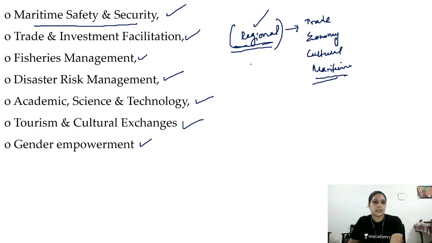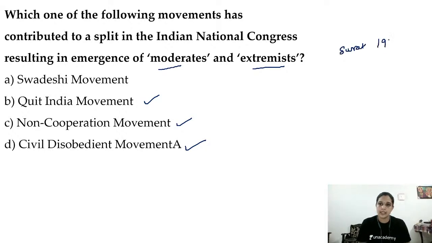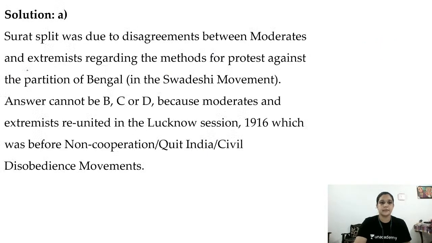Okay. Next. Which one of the following movement has contributed to a split in Indian National Congress, emergence of moderates and extremists? So it's a direct question only, not Quit India movement, not non-cooperation movement, not civil disobedience movement, because moderates and extremists split took very long back. Surat split of 1917. So before Surat split, what happened was Swadeshi movement.